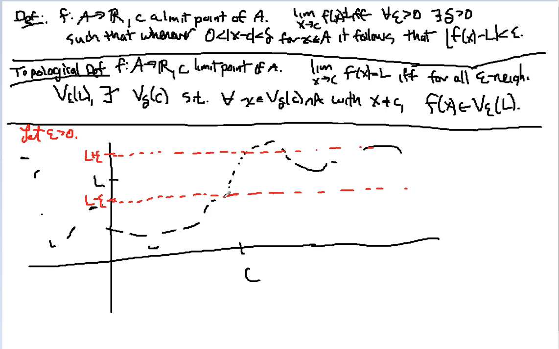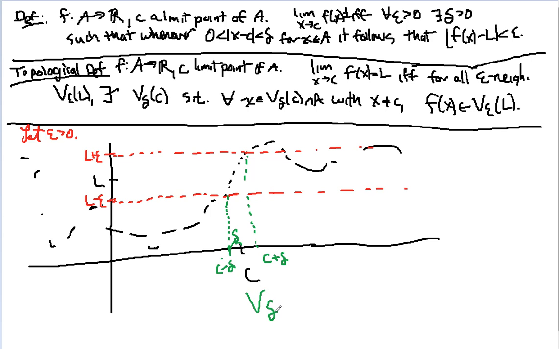And notice that as long as I'm between here and here, I'm within those red lines. So assuming that these are equal lengths, just take whichever one's greater, and this is what I'm going to let my delta be. My delta is just going to be that much. So this would be c minus delta, c plus delta, and this would be my delta neighborhood.